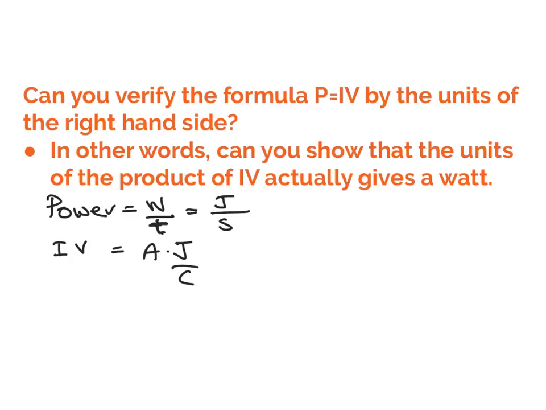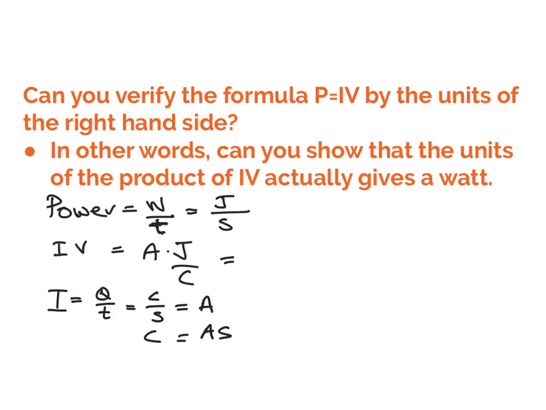And that's the current formula, where current is equal to charge per time. Current is amperes, which is charge per time, and so this is coulombs per second. So we can do a little bit of manipulation here. This is equal to amperes, and we can say that the coulomb is equal to amperes times seconds.